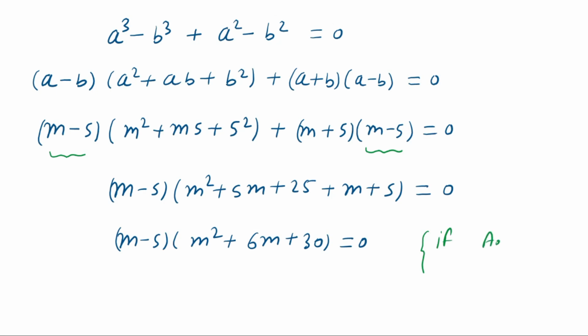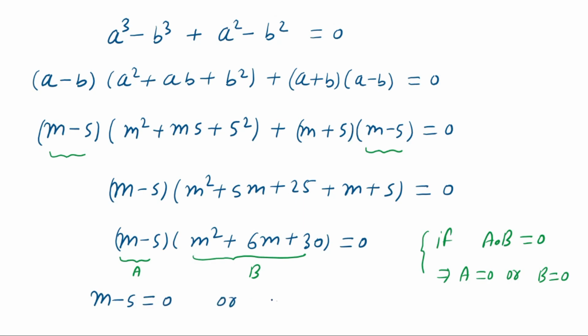Now we know that if a times b = 0, this implies a = 0 or b = 0. If we apply this rule, where this expression is a and this expression is b, then you can say m - 5 = 0 or m^2 + 6m + 30 = 0.